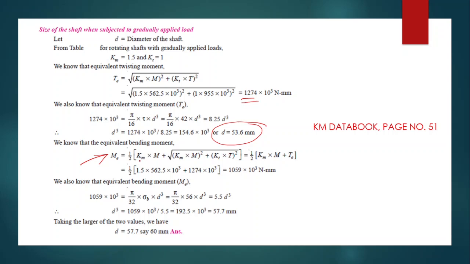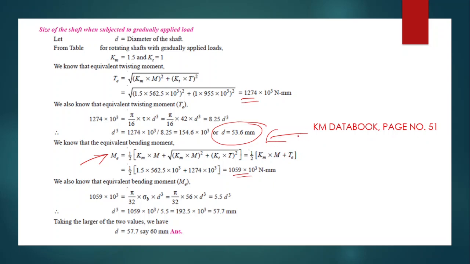These are the fatigue factors Km and Kt. Then we can easily calculate the value of Me, and we can equate Me to pi by 32 into sigma b into d cube. Again, these equations are available at the data book page number 51, in any other form.